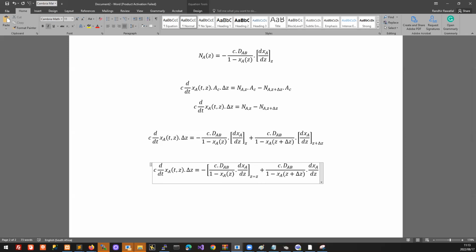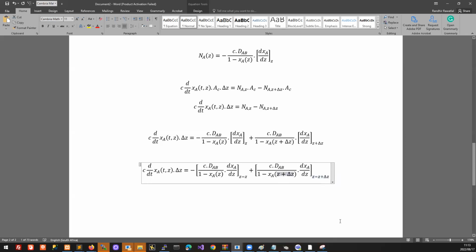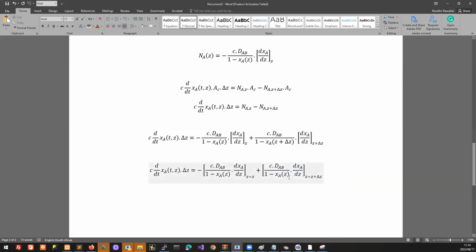And now we're going to say here, this is at position Z equals Z plus delta Z. And so that means this A, or this term, we can just write this as A at Z, because this Z is at Z plus delta Z, where this Z refers to the current position Z. So now if you look at this, you can see you've got the same function in both these terms.